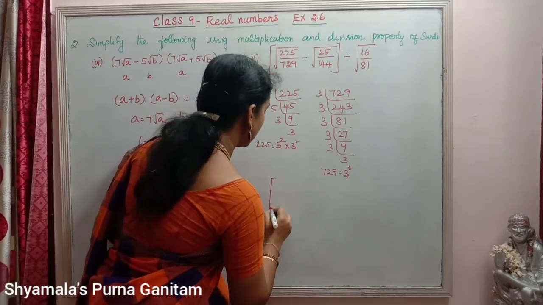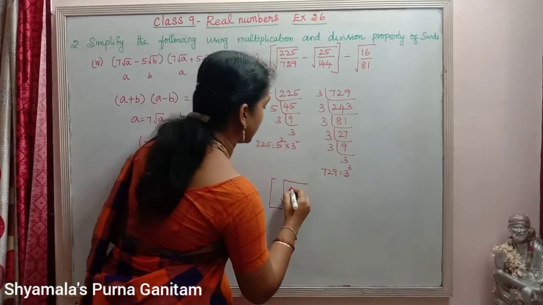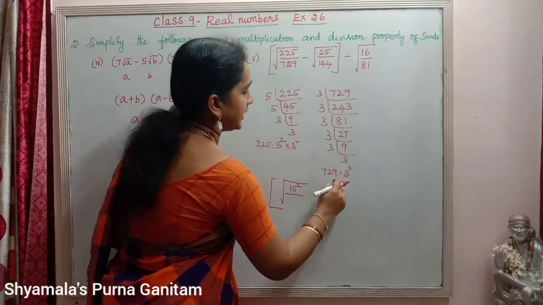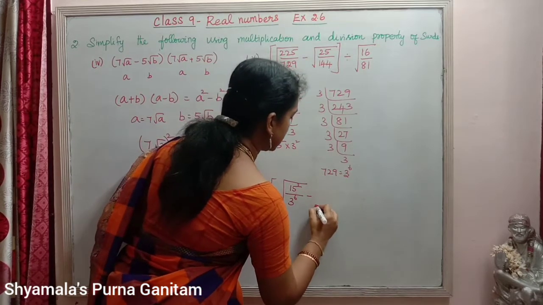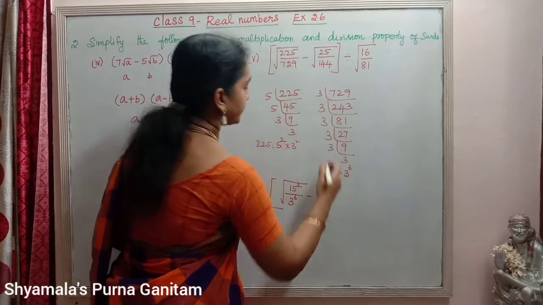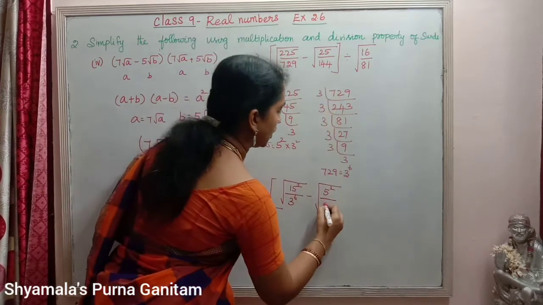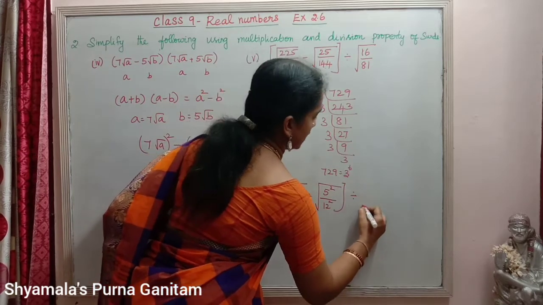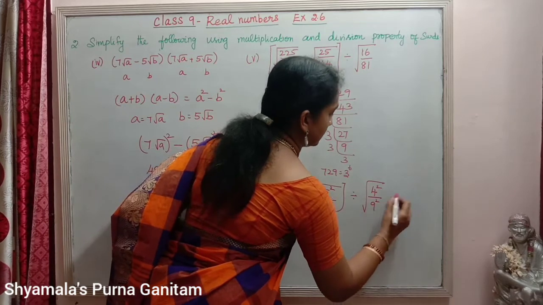So now we will substitute all these things. Root of 225 is 15 squared, divided by 729 which is 3 power 6. Minus root of 25 is 5 squared, divided by 144 which is 12 squared, divided by root of 4 squared by 9 squared.